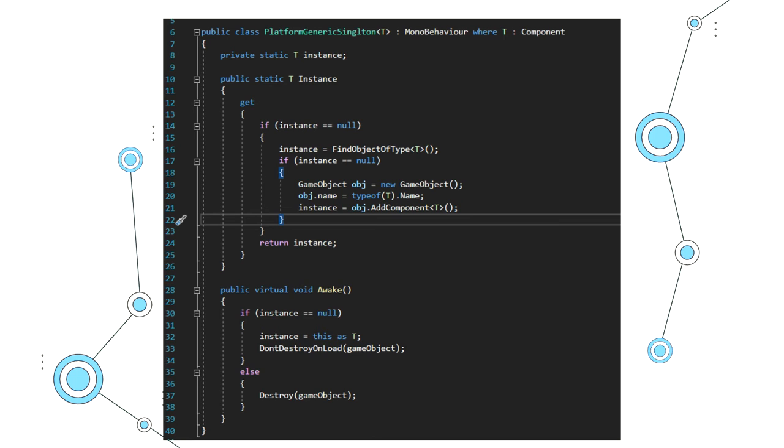Also, it's saying that as we enter new scenes, we want to make sure that we don't destroy our official instance of the script, right? For example, if we go from scene to scene to scene, at the beginning of each scene we want to make sure that the garbage collector doesn't erase our instance.